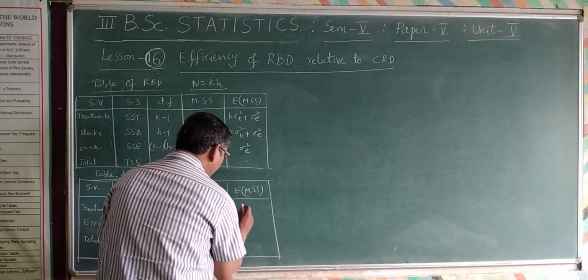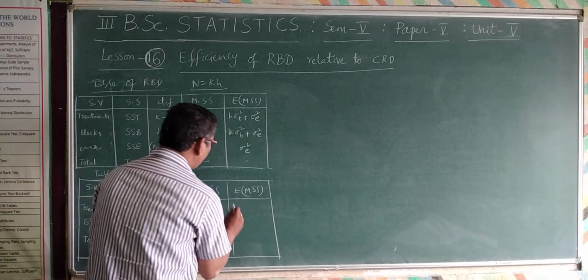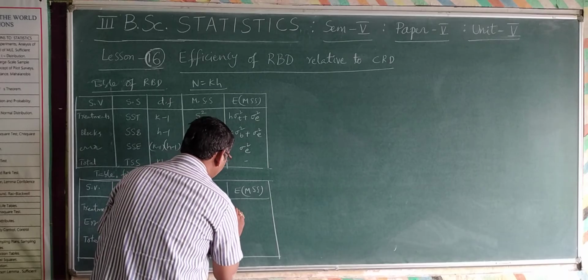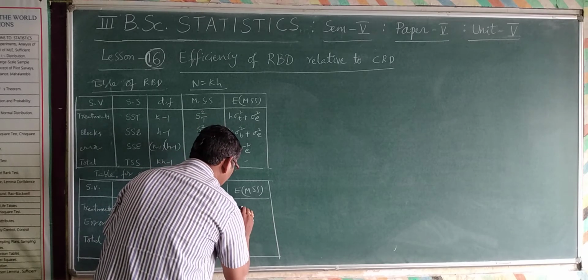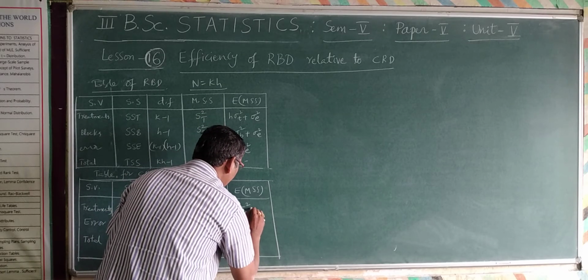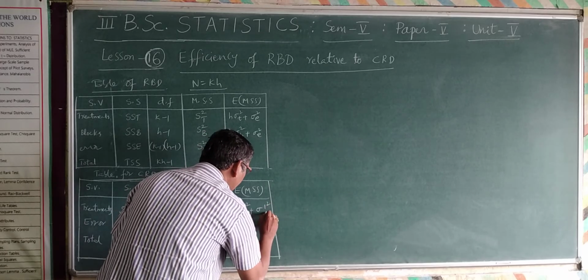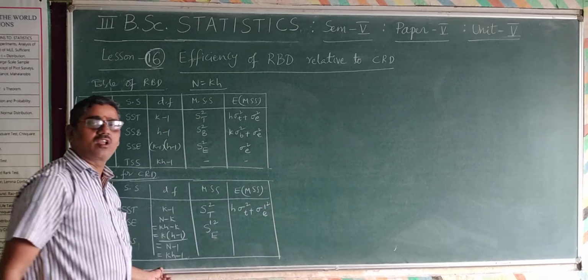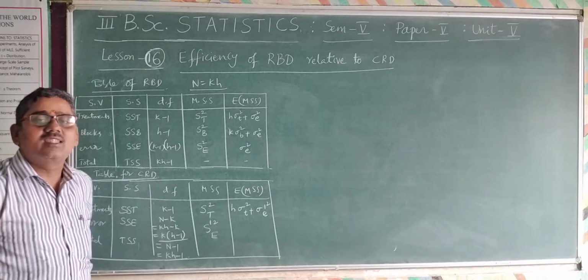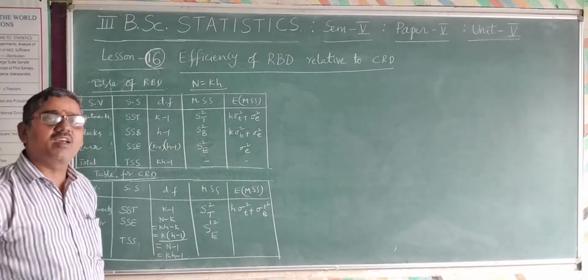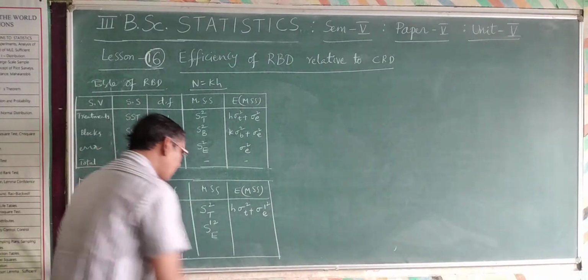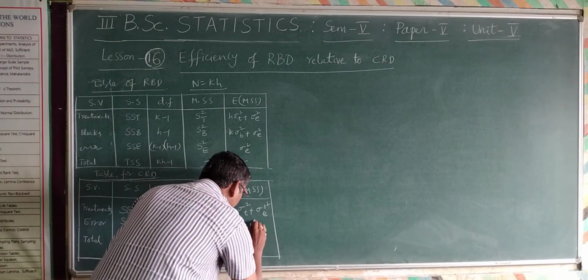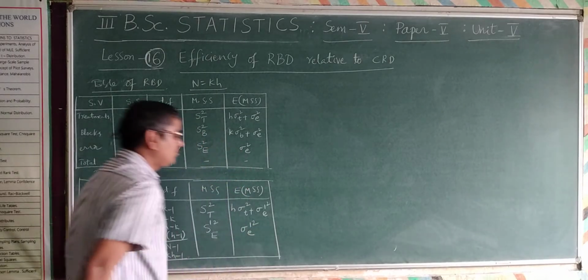And here is the expectation of mean sum of squares, that is what we have to write clearly. It is h into sigma square t plus sigma dash square e. That's what we have considered for error variance for CRD, sigma dash square e.